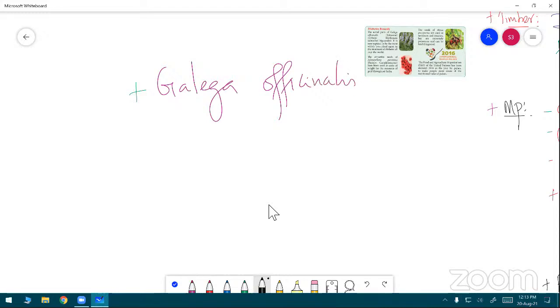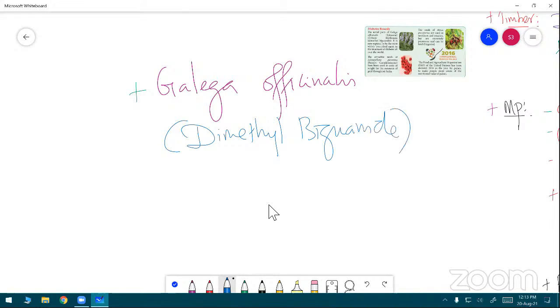Actually, this plant contains a chemical agent, that is dimethyl biguanide. Now, this dimethyl biguanide is used in the treatment of diabetes.